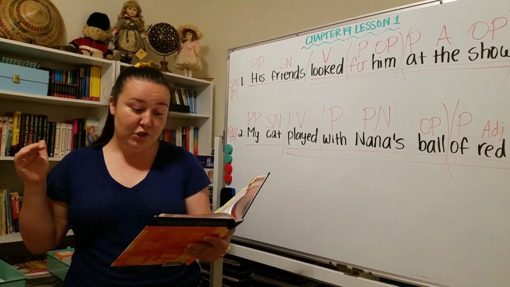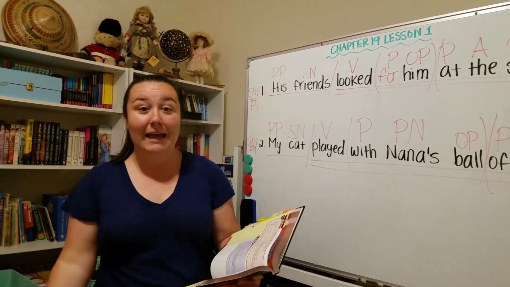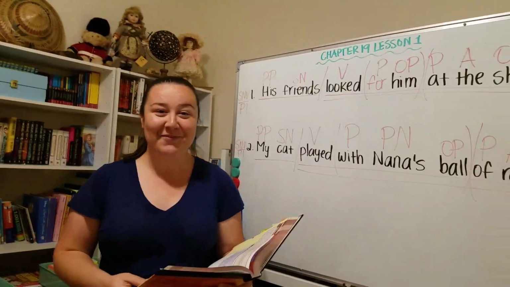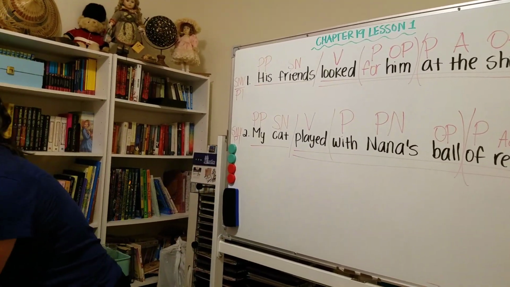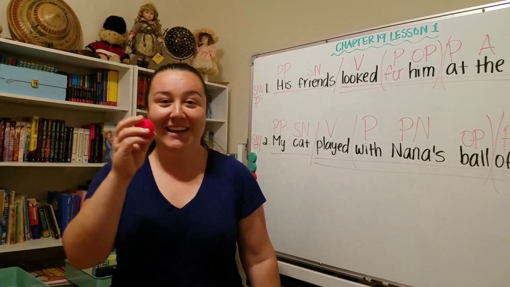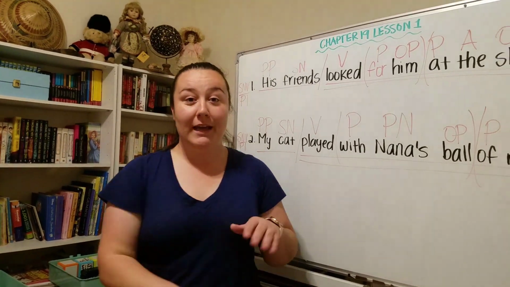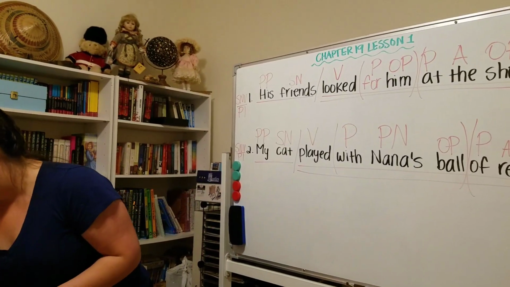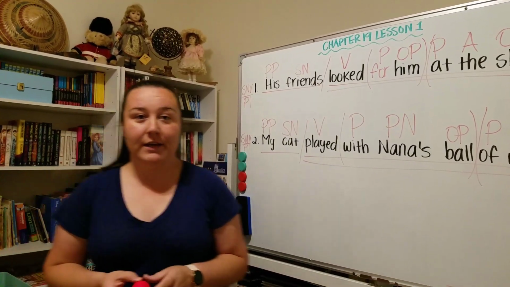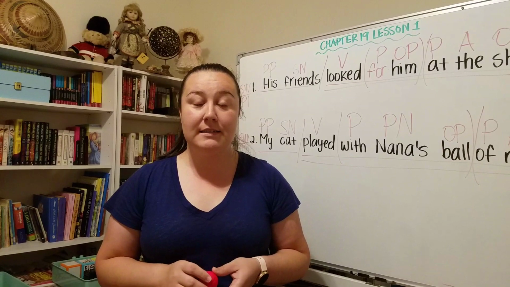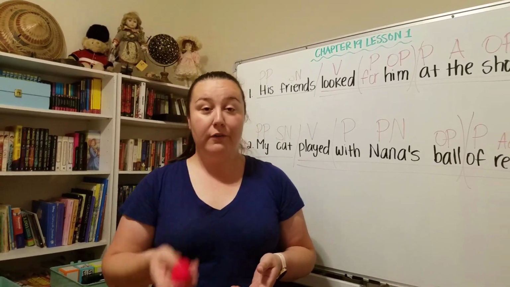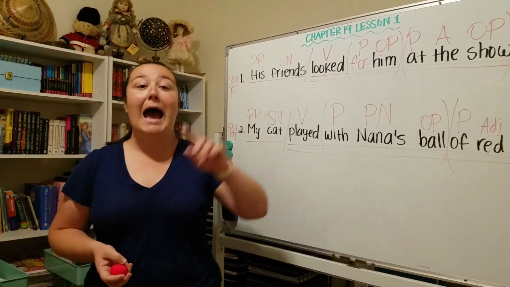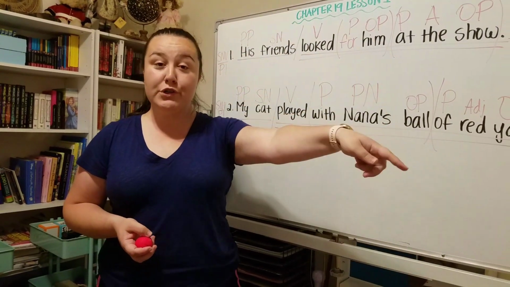Past tense is a verb that shows something has happened in the past. So Ms. Behrens had a ball and she threw the ball. Future tense is something that's going to happen in the future.